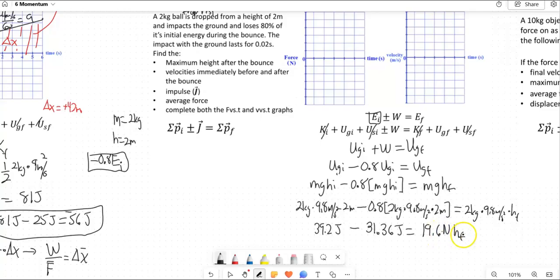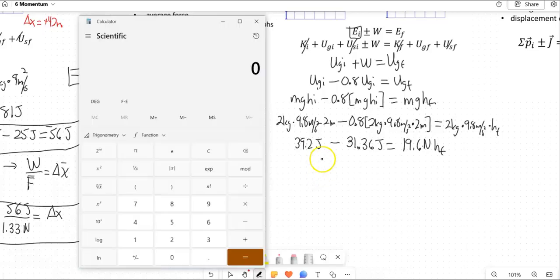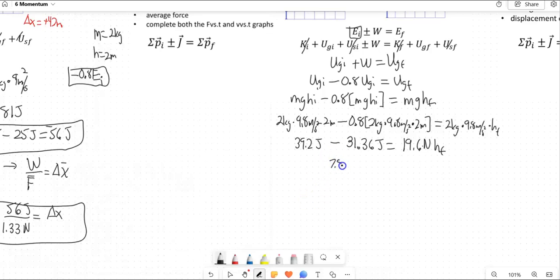A newton times a meter is a joule. Okay? So in the end, 39.2 minus 31.36 is 7.84. So 7.84 joules is the top part, and we're going to divide that by 19.6 newtons.